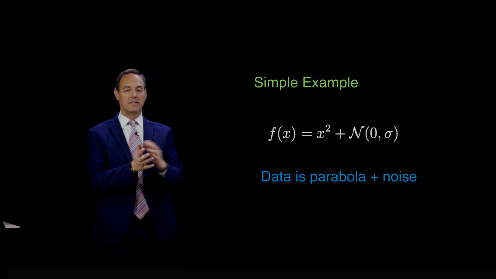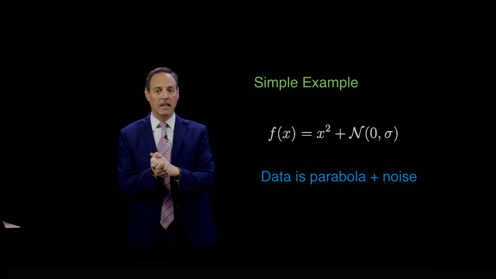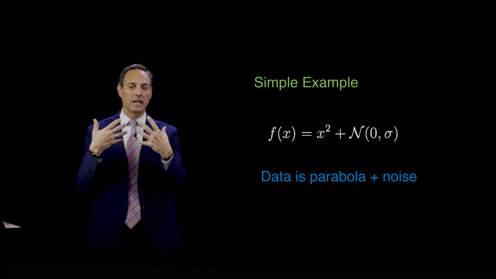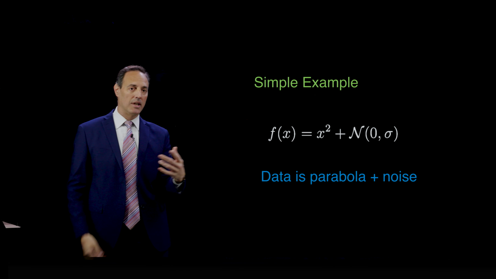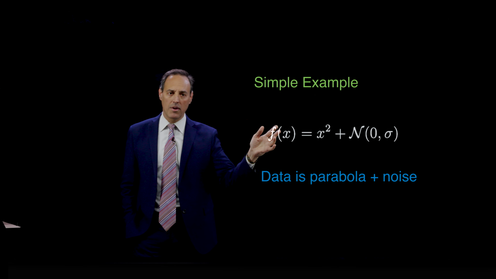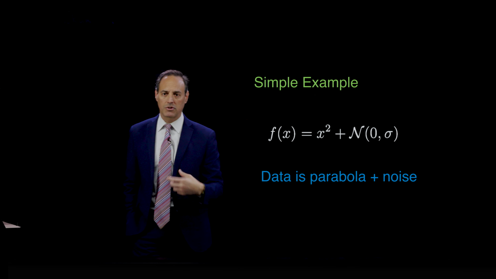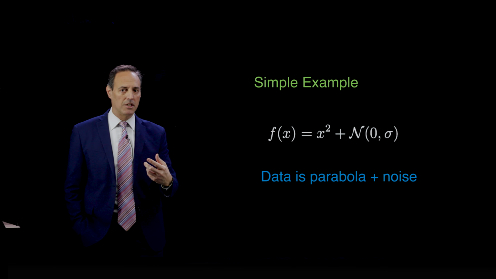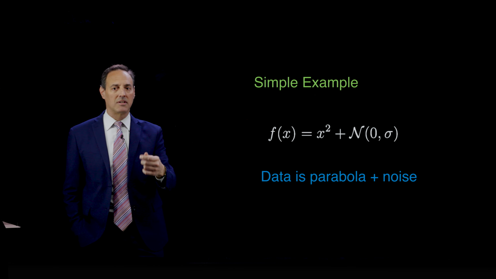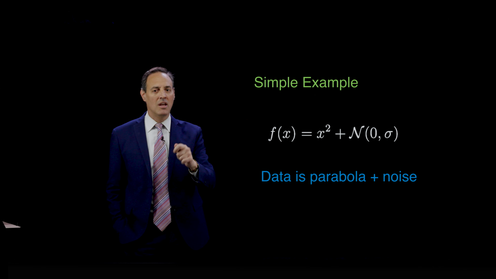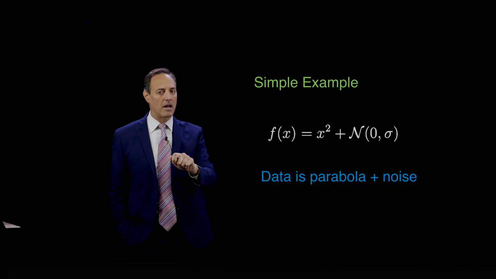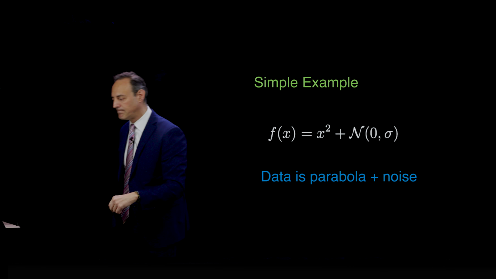You don't know that it's a simple parabola underneath there, and oftentimes you can't just tell with your naked eye what it is. So the idea is to start thinking about what kind of architectures and methods are going to reveal this kind of structure to us through the regularization. In fact, the regularization is going to tell us a lot of information about what's really the underlying model that you need to be using.